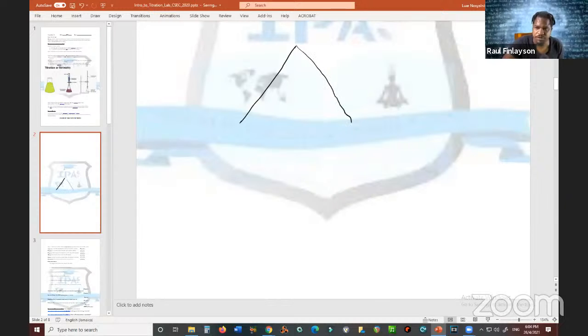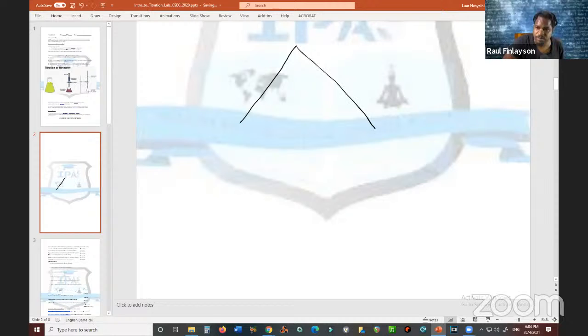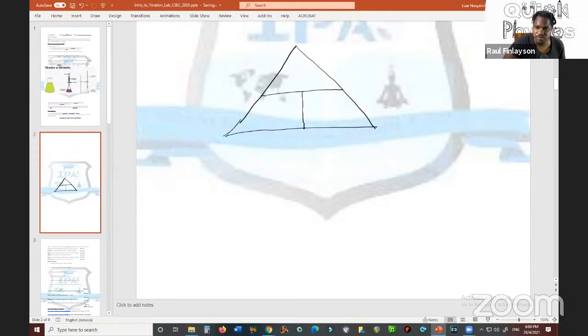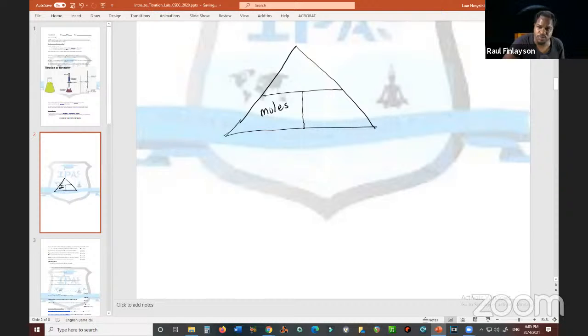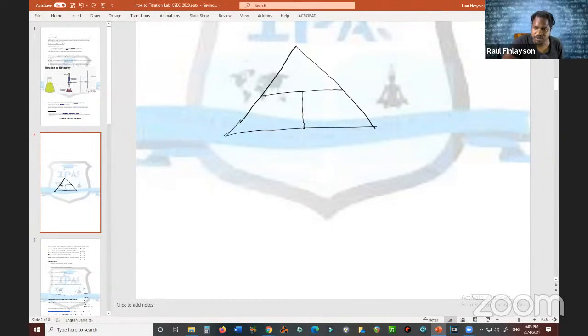All right, guys, so here we are. As we say now, when we're talking about acids and bases, 9 out of 10 times, we're going to ask you about this term. It's going to be something called mole, and this is the right way to write it. And we have our volume there.